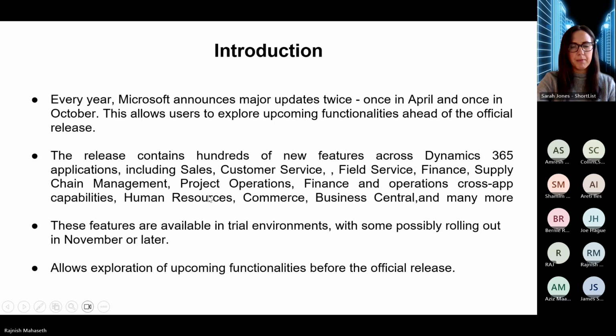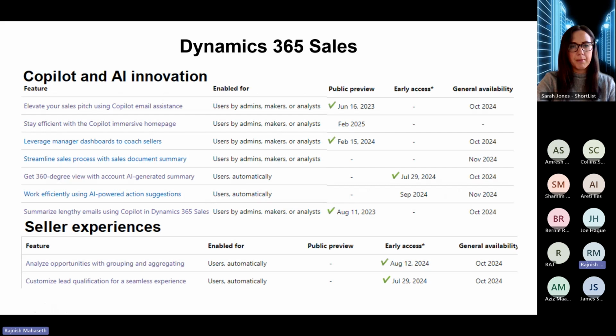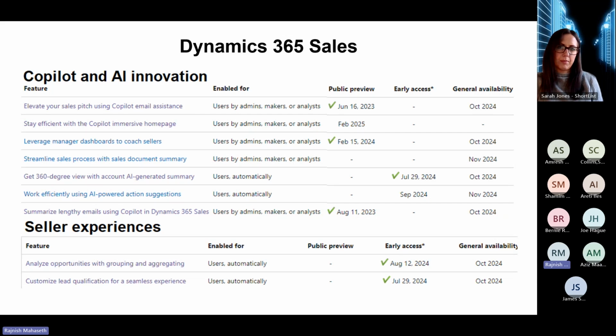In the sales module, they have introduced two features. One is with Copilot and one with the seller experience. In Copilot, we have a 360-degree view of the account, the sales process, document summary, and various other AI features. Similarly, in the seller experience, we get new features for customizing lead qualification and analyzing opportunities with grouping and aggregating.